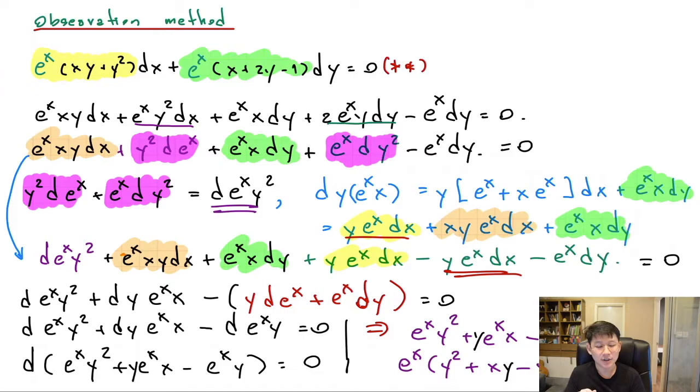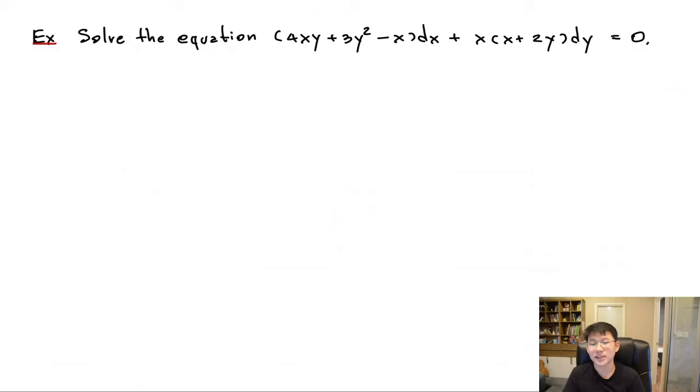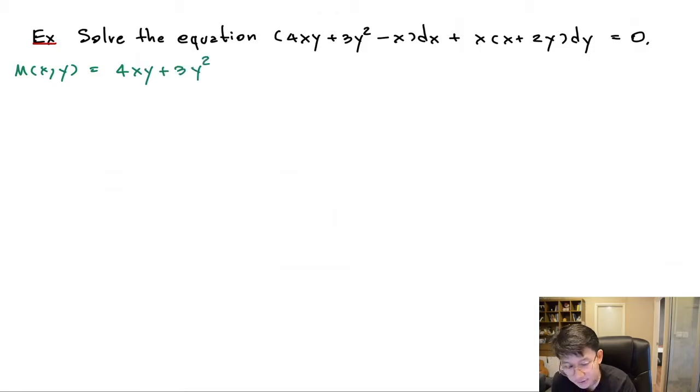Okay, so let's look at another question. This one. So again, we need to first look at M of x y, which equals 4xy plus 3y squared minus x, and so dM by dy is 4x plus 6y.